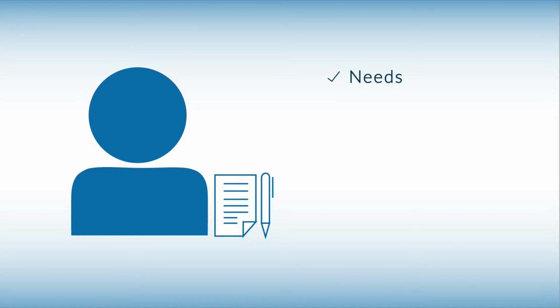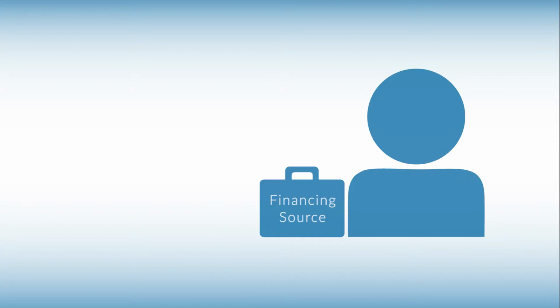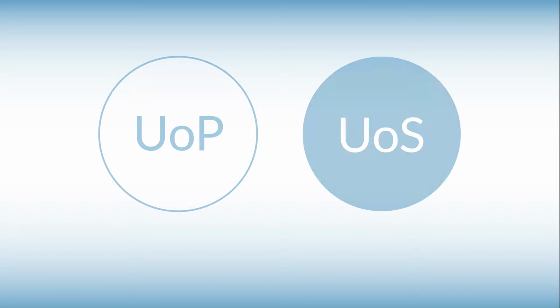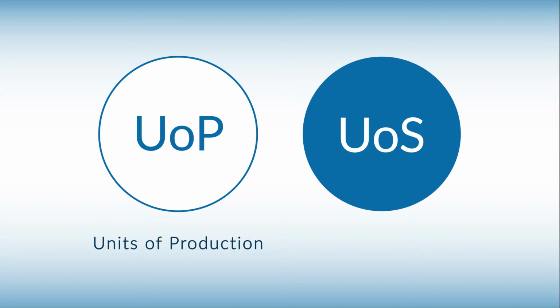RuralInvest helps the technician to ensure that all investment proposals presented by applicants respond to their real needs, will be sustainable over time, and will be clearly understood by the potential financing source, whether that be a development project, an NGO, or a bank. This tutorial deals with selecting and using units of production and units of sale.